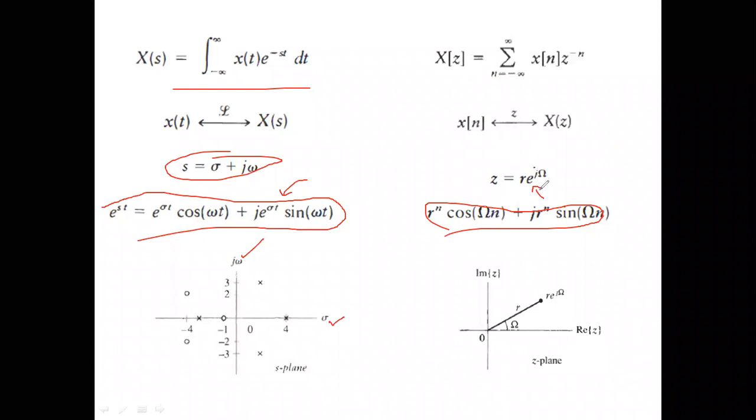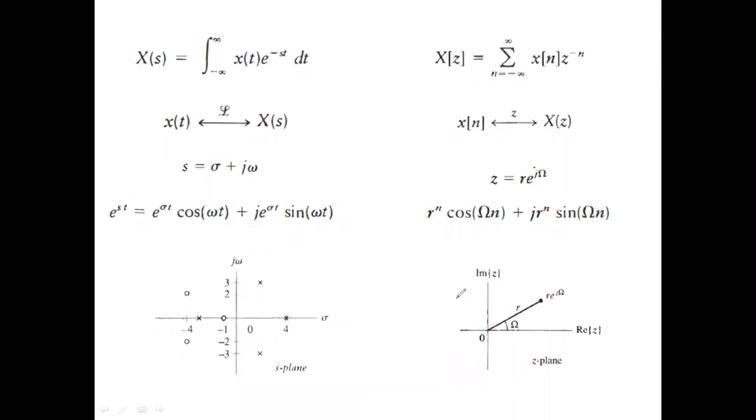Whereas z here is given by r e to the power j theta, so it contains a certain radius. Every point will be represented by a certain radius and a certain angle, r e to the power j omega, sorry. So that is how this is going to be.